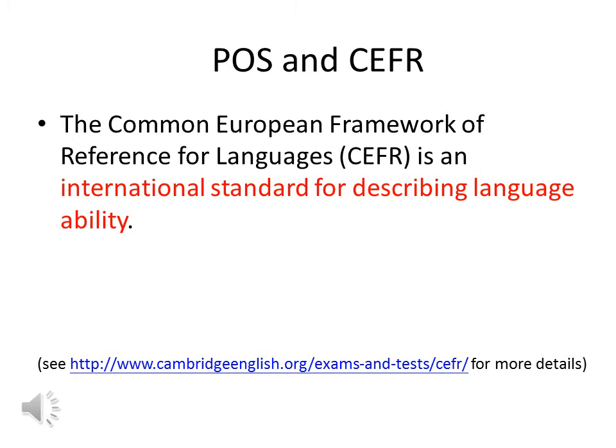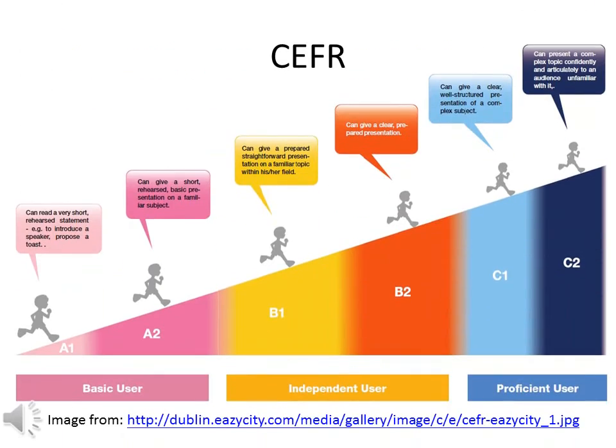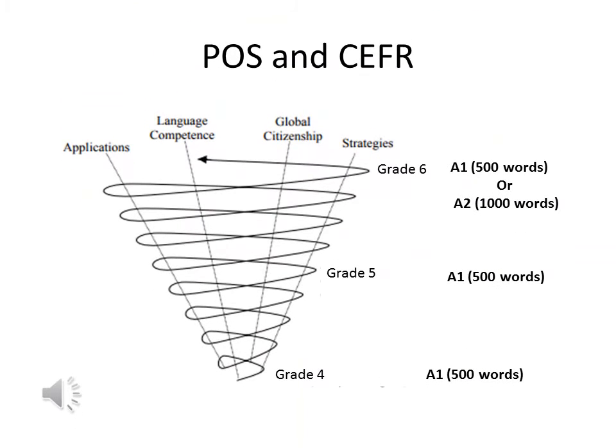The Common European Framework of Reference for Languages, CEFR, is an international standard for describing language ability. It describes language ability on a 6-point scale, from A1 for beginners up to C2 for those who have mastered a language. For a 3-year language program, the majority of the students are expected to master A1 basic user level.